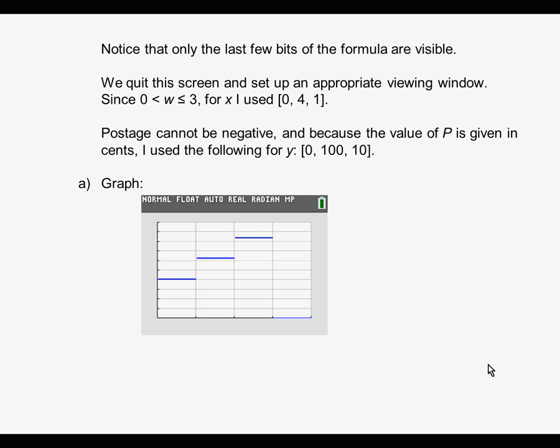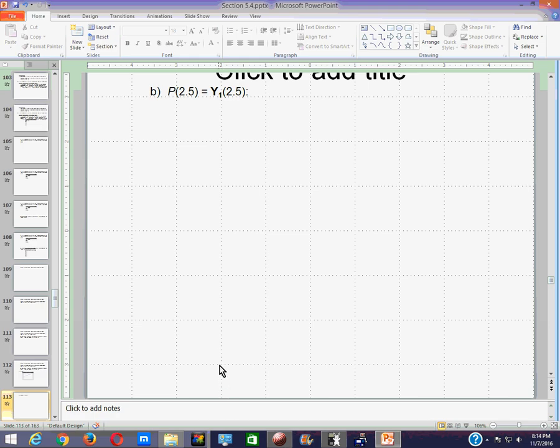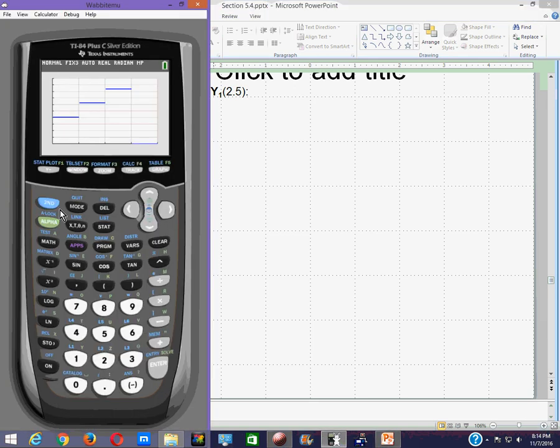Remember, question B was we're supposed to use our calculator to find the postage on 2.5 ounces. So if I do P of 2.5, which is really y1 of 2.5, remember we already know what it is because we eyeballed the function, but just like any other function evaluation, let me quit this. Vars, y vars, function, and y1 of 2.5, there. 84.